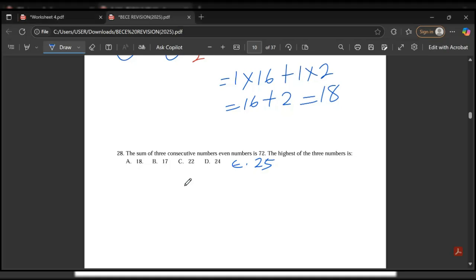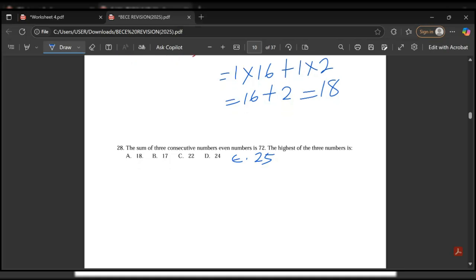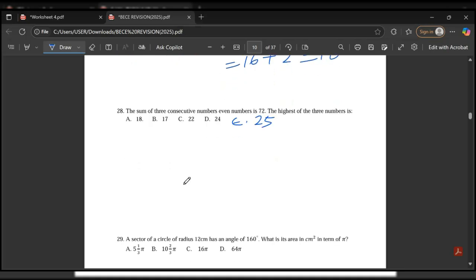Okay, we move to question 28 now. The sum of 3 consecutive even numbers is 72.